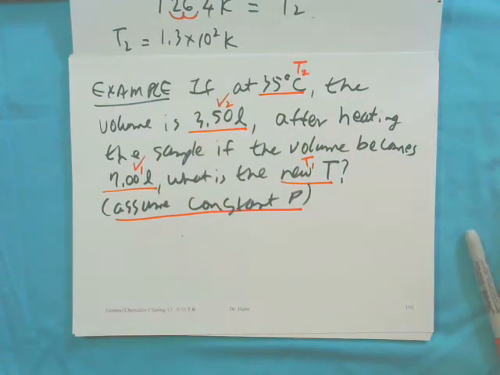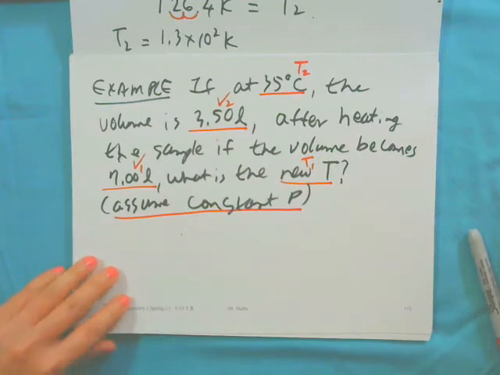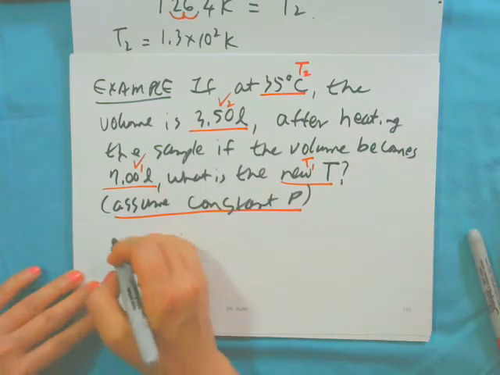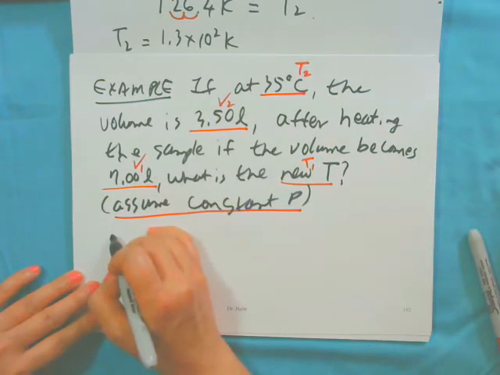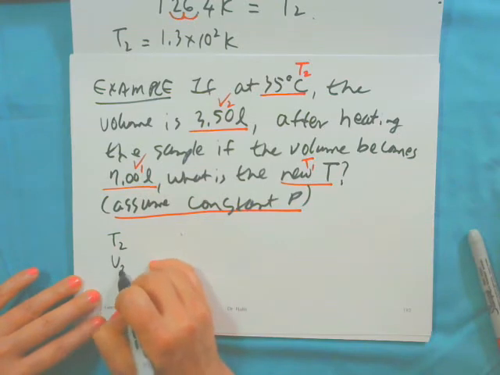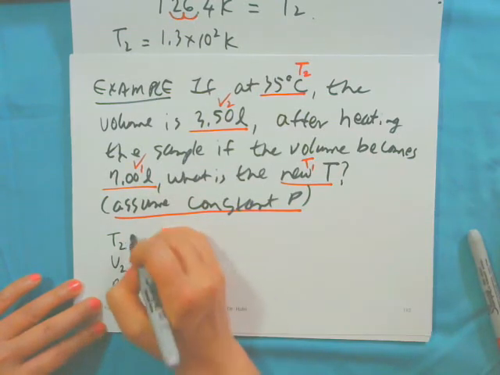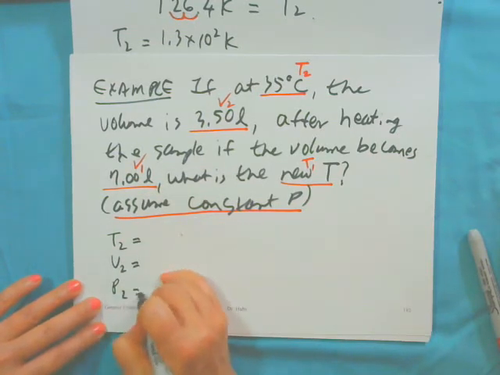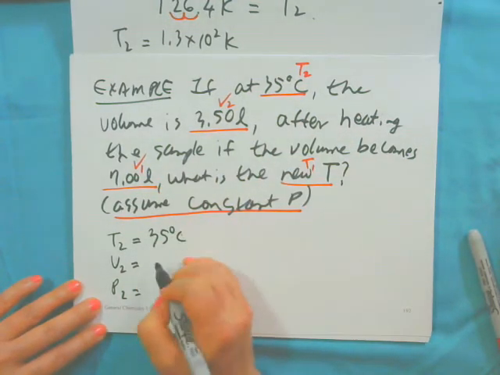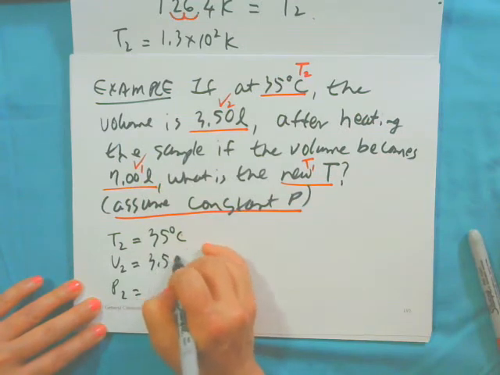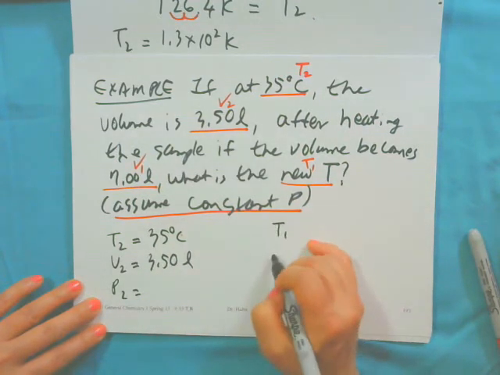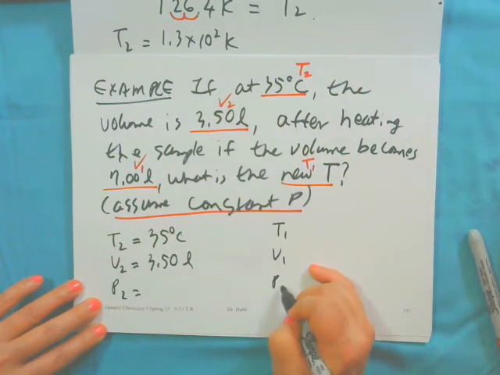All right, so here we go. We're going to put down all the variables, and then we're going to come up with the numbers for what all of these things are. So temperature 2 is 35 degrees Celsius. Volume 2 is 3.50 liters. Then you've got temperature 1, volume 1, and pressure 1.